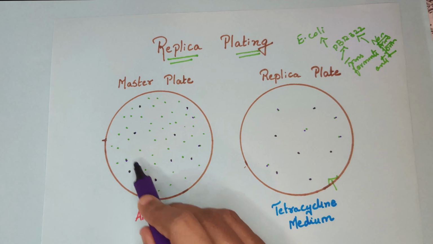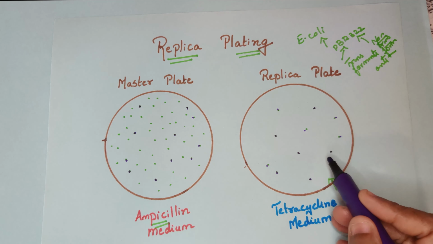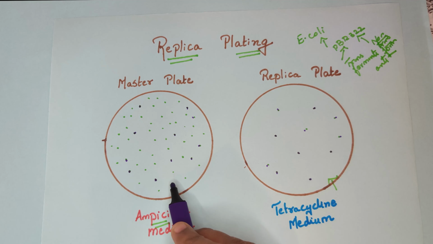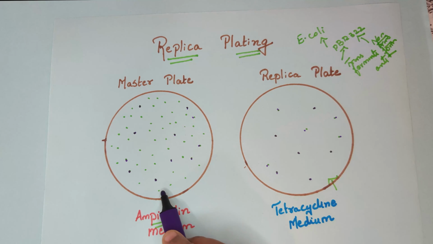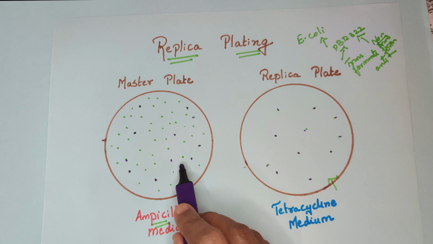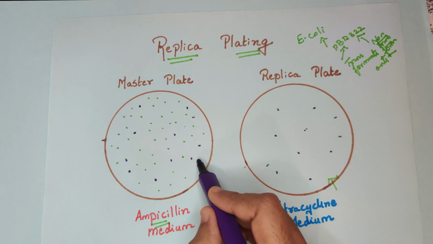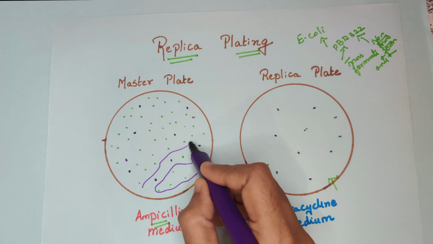So now I have marked everything here. Whatever has grown here is a non-transformant. Now I am going back to the master plate from the replica plate and I am finding only the non-transformants. So these are the ones I do not need for my biotechnological procedure. So the remaining ones are these. These are the transformants.